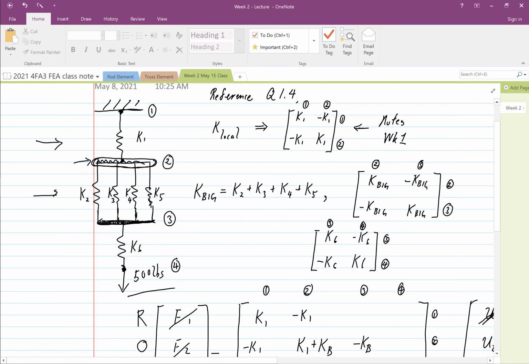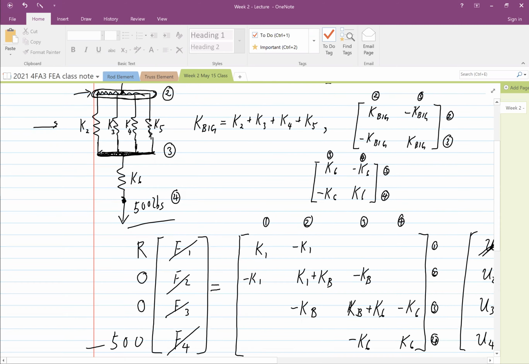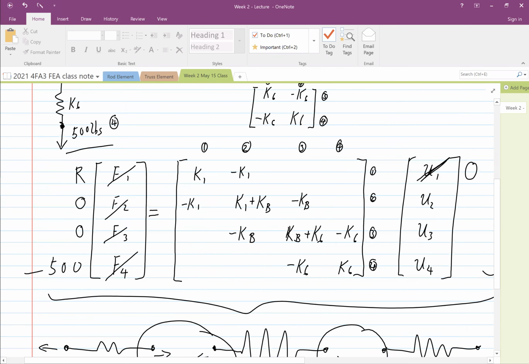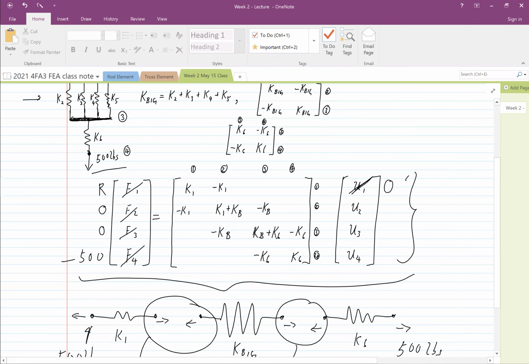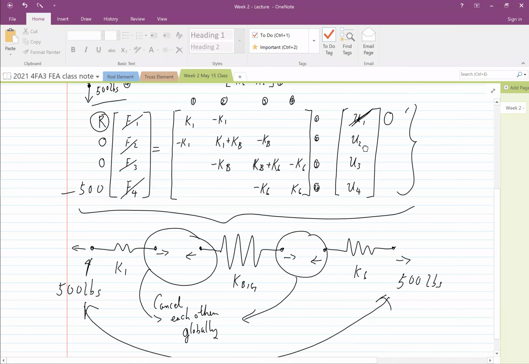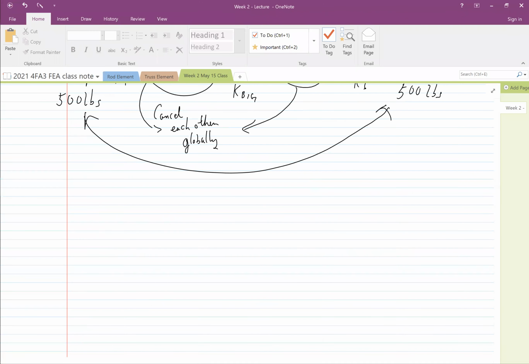It's 500 pounds to the bottom, and it's still wrong to assume it so early. You should go through the matrix, solve the equation, and solve for R. Good questions. I'll show you one more example. That's going to tell you, just never assume too early.